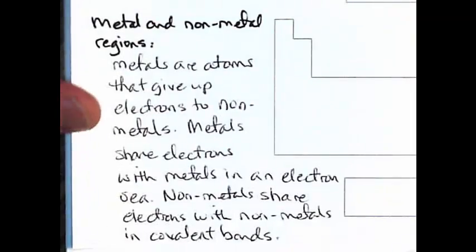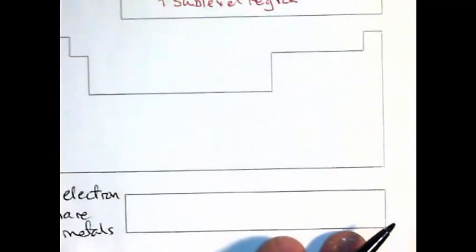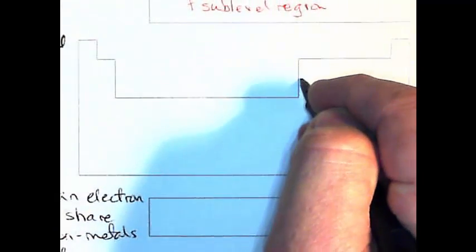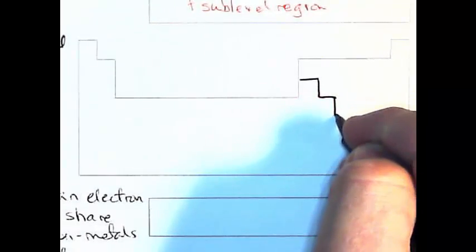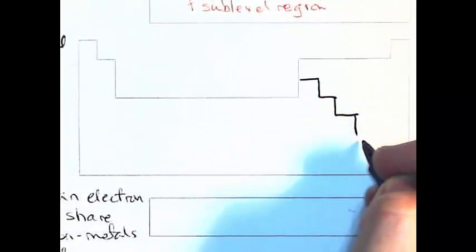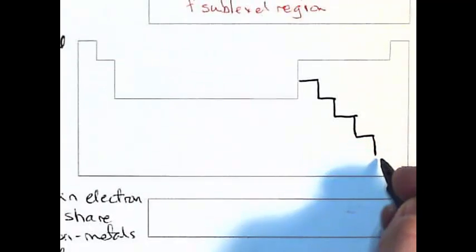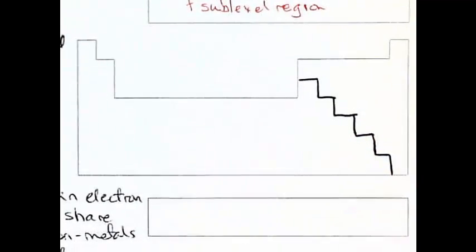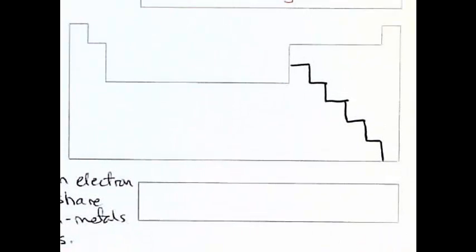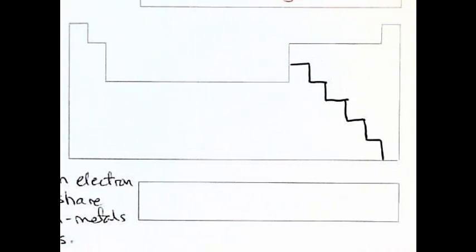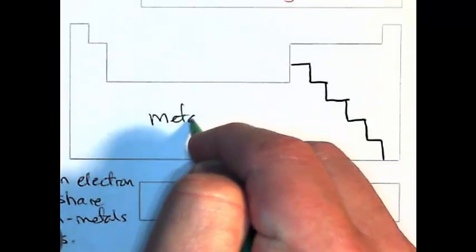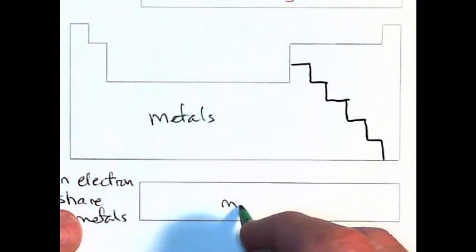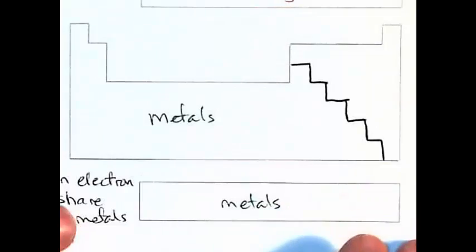All right, so we're going to put that stair-step line on this. All right, and we'll label these, okay? We're going to say that these are the metals over here, and that includes this section down here. You put an extra line. Did I?